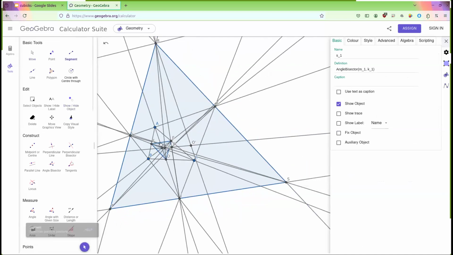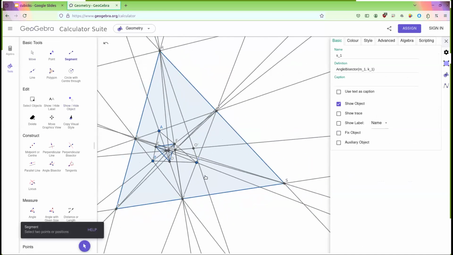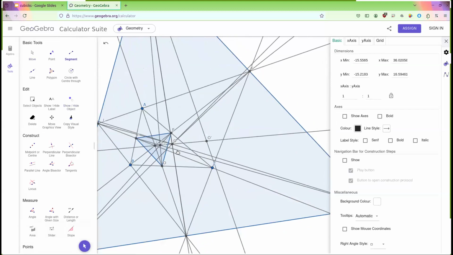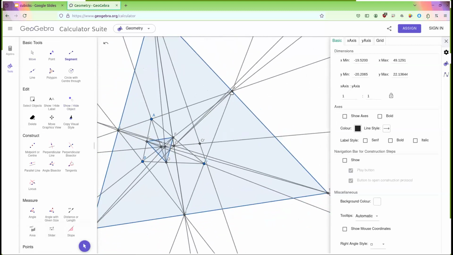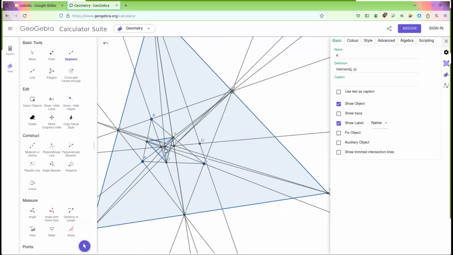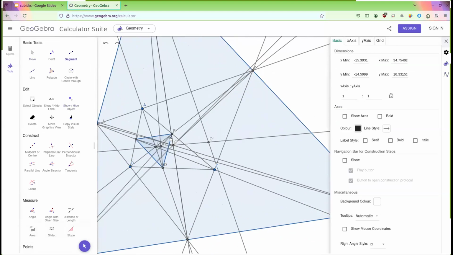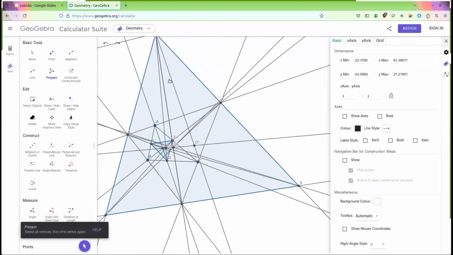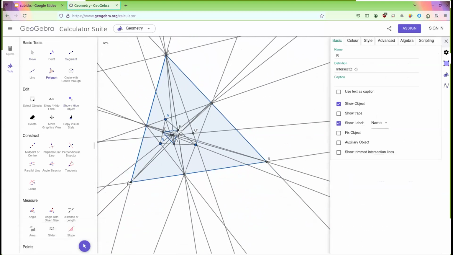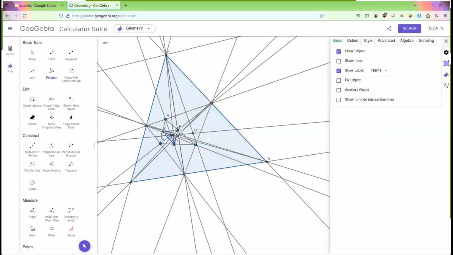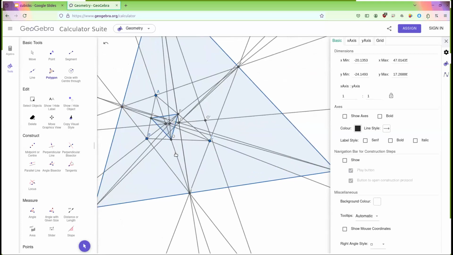I claim that this is perpendicular to EF. This is because triangles RST and EDF are orthologic.